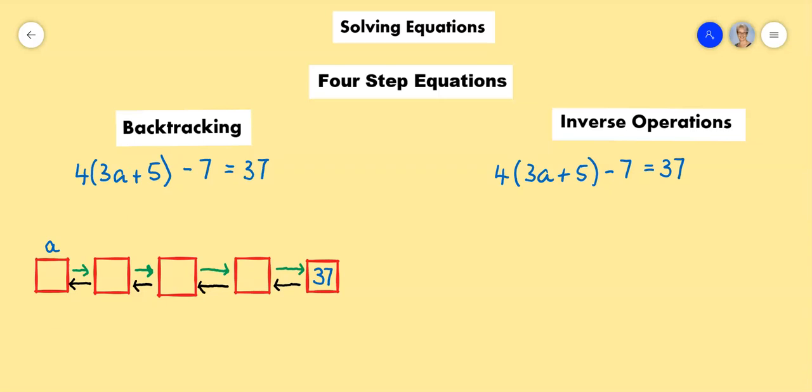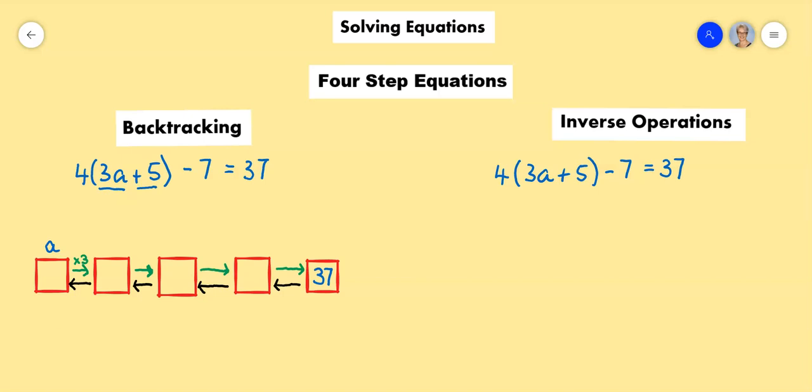Now let's look at our next example. We can see from the equation that the first thing that we are doing to our pronumeral a is timesing by 3. So on our flowchart, we're going to have times 3. The next thing that we do is we add 5.